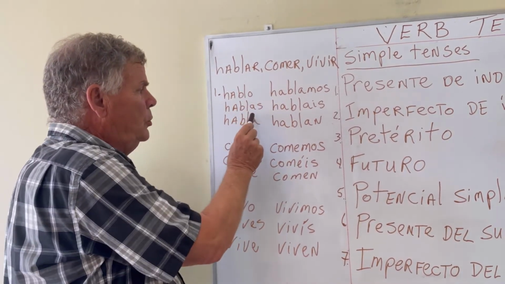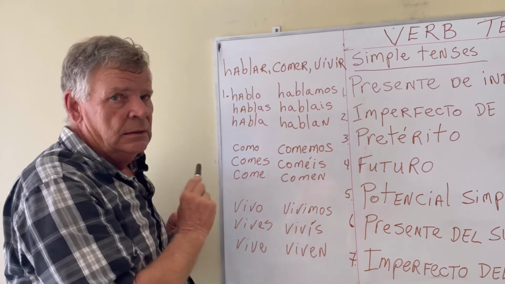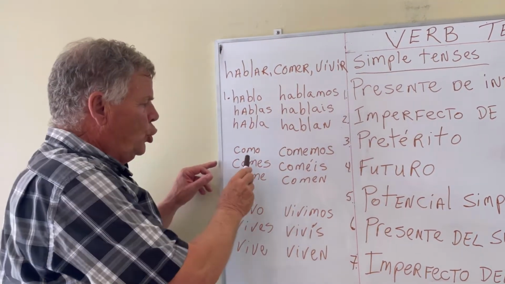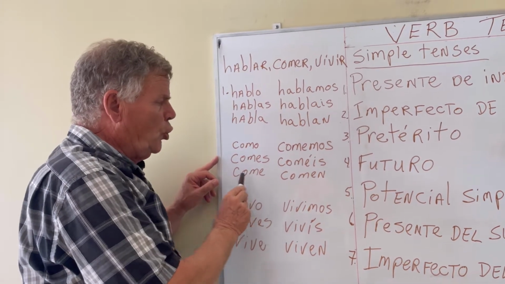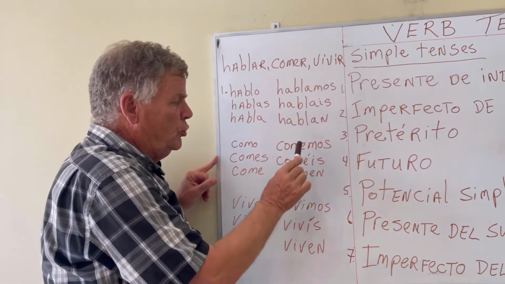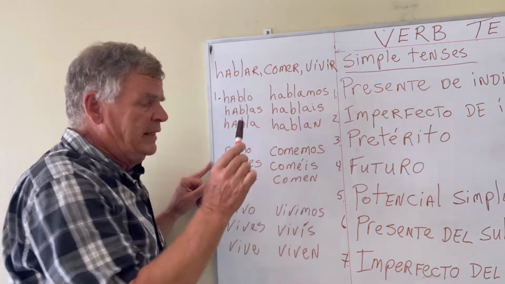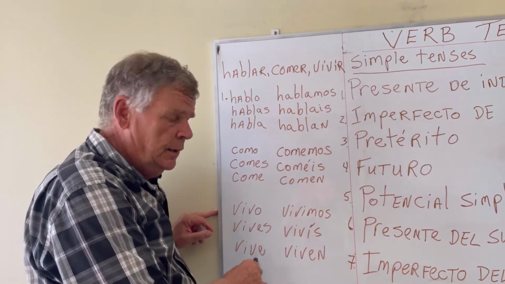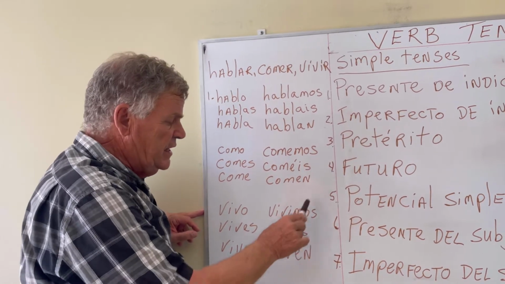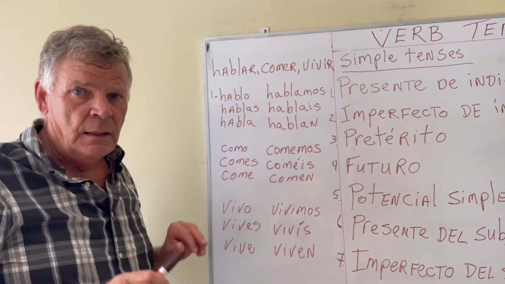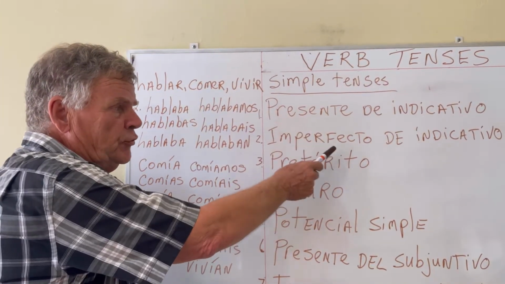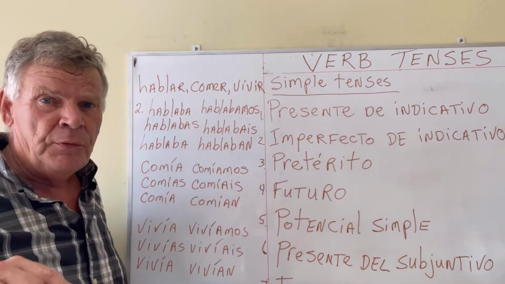Hablo, hablas, habla. Hablamos, habláis, hablan. Como, comes, come. Comemos, coméis, comen. Vivo, vives, vive. Vivimos, vivís, viven. Present indicative.